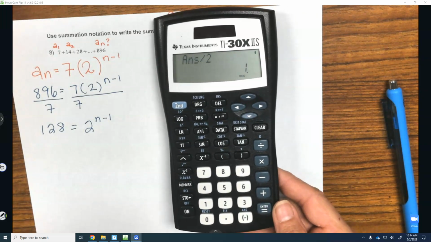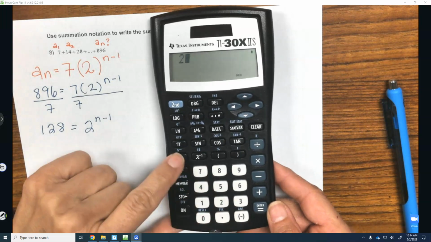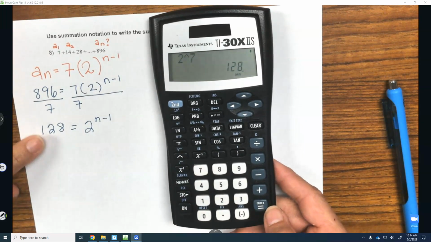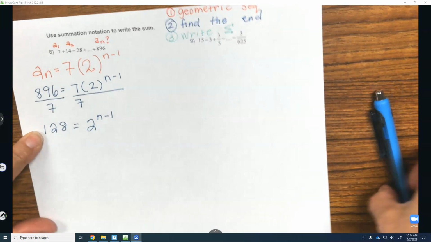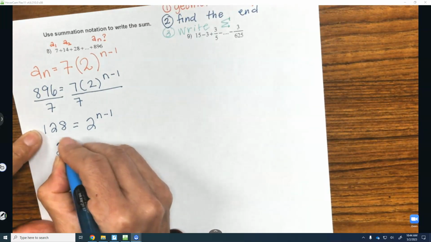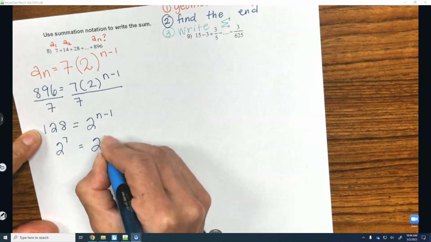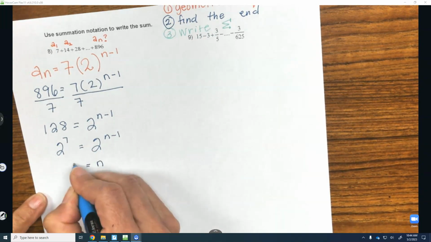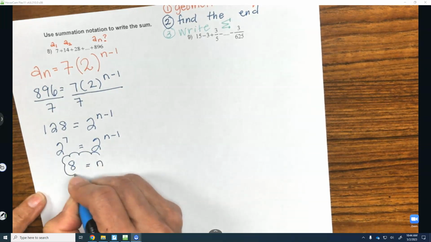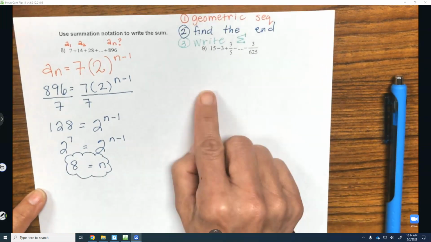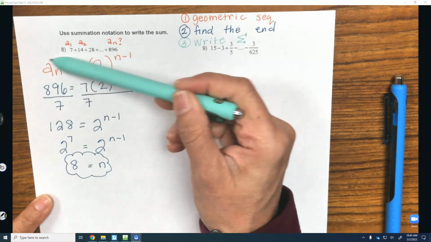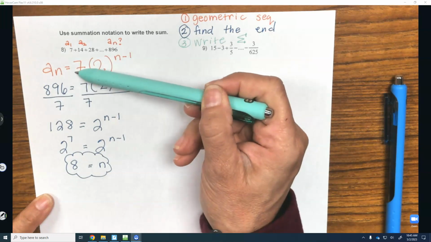I divided by 2 seven times. Sometimes I can check it. I can hit 2 raised to the 7th power, make sure I get 128, and I do. So I'm going to replace 128 with 2 to the 7. And you can drop the base. What's n? 8. It sure is. Okay, we now have everything we need to write in summation notation. All we're going to do is replace this front part, even the equal sign.